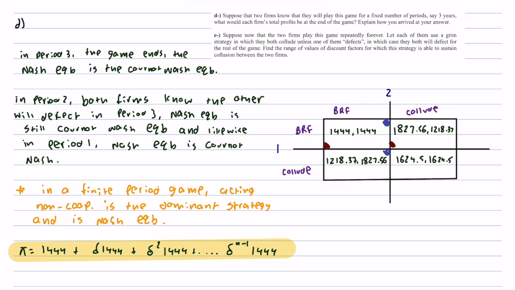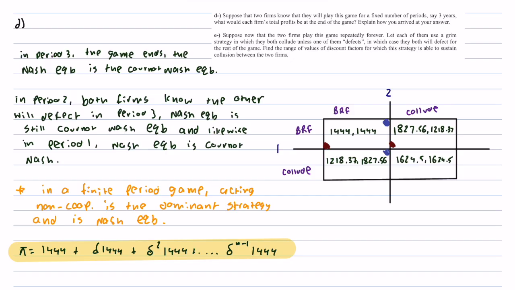Okay, now we know that this game is going to last forever, and each firm is going to collude and work together with each other until one of them defects. In that case, they're both going to not work together forever. They're both going to play their BRF and work independently forever.